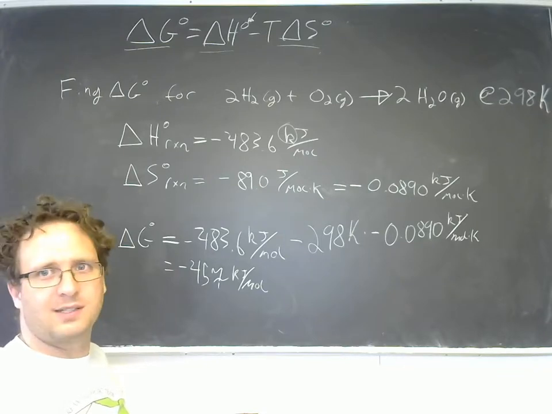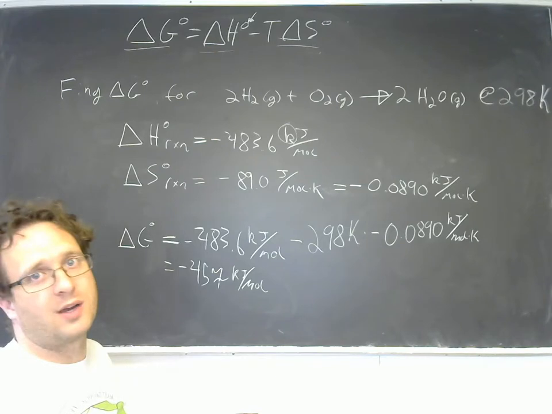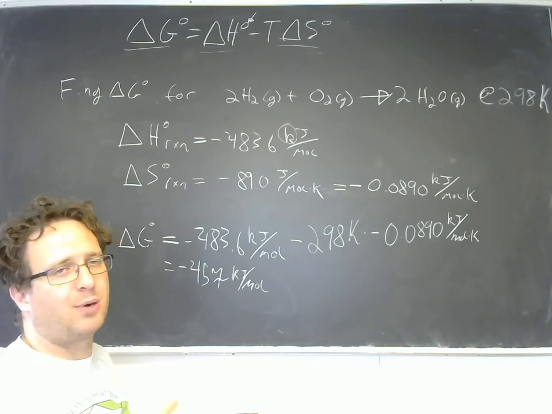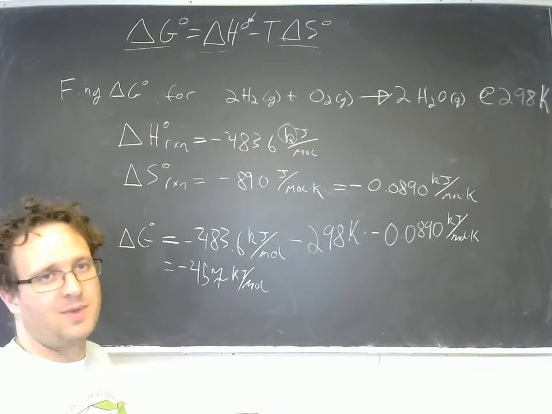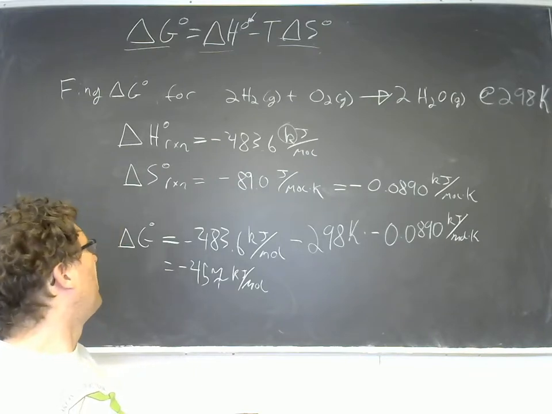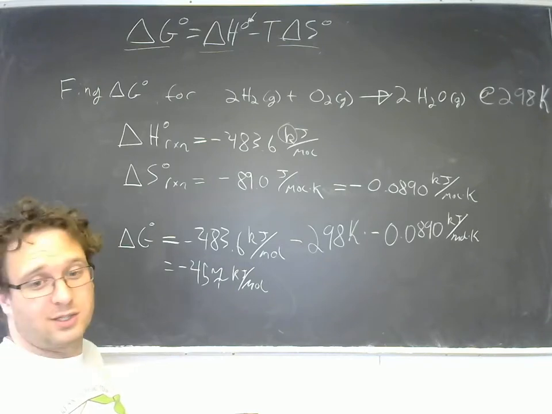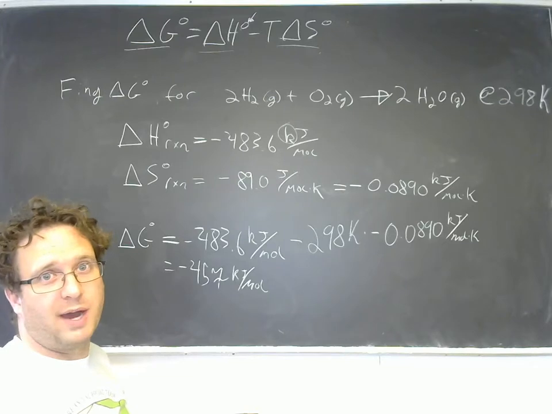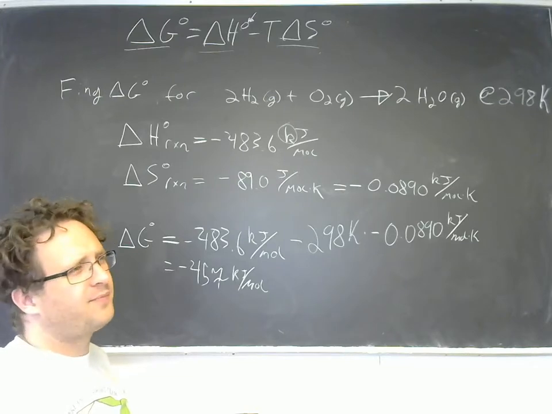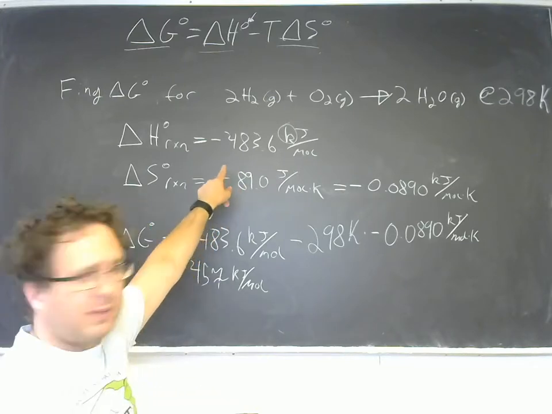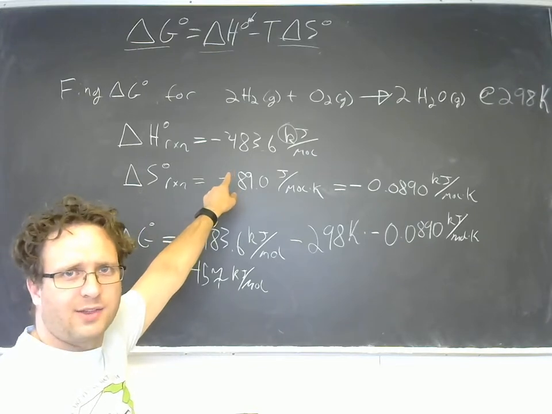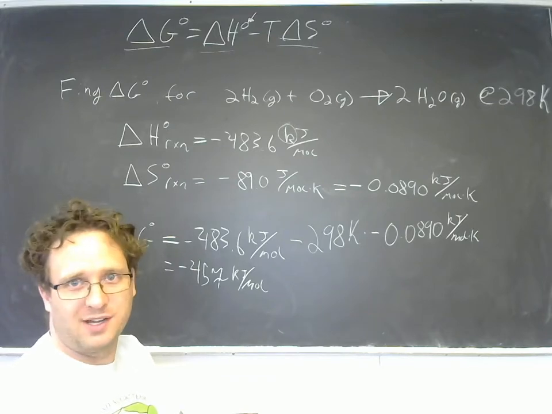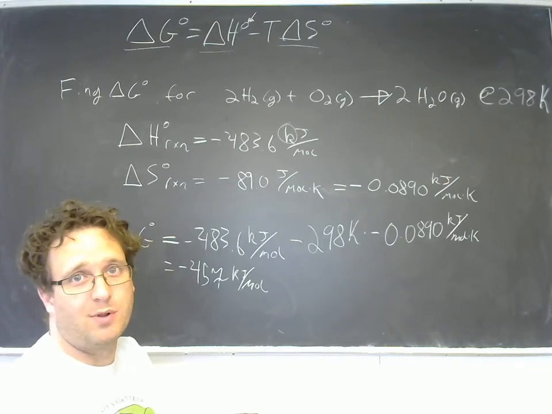What it means is how much useful work can be extracted from this chemical reaction in a perfectly efficient system. And so if I wanted to use this hydrogen combustion reaction to propel my car forward, I actually would not be able to get 483.6 kilojoules of mechanical energy out of this reaction for every 1 mole of hydrogen gas.